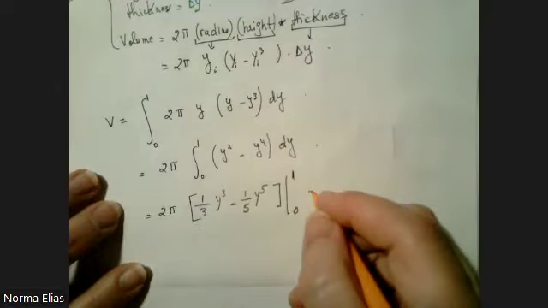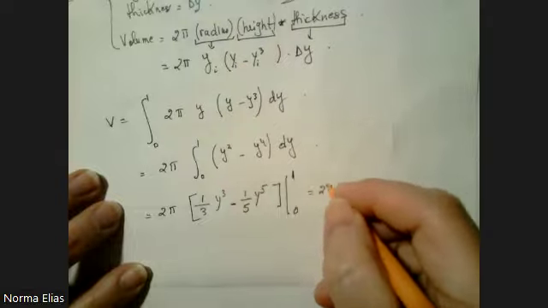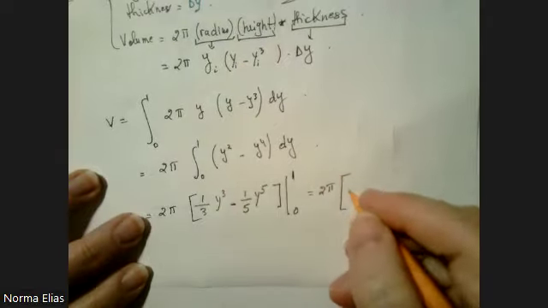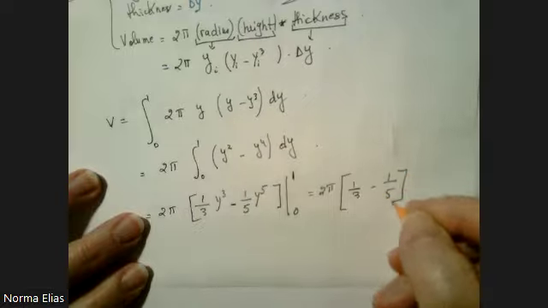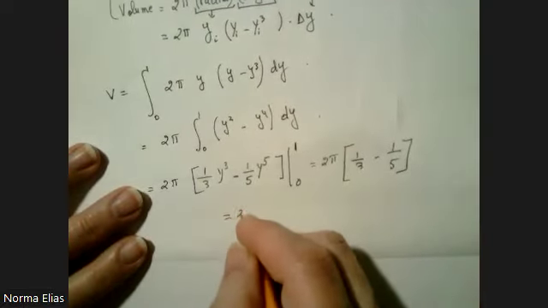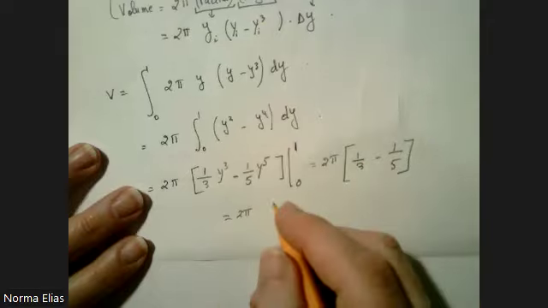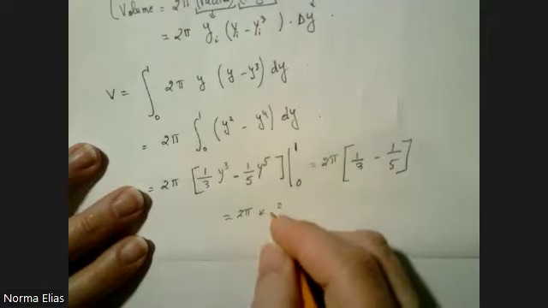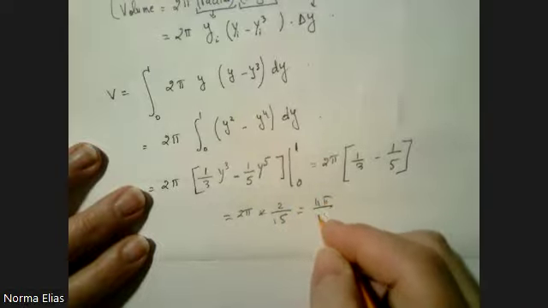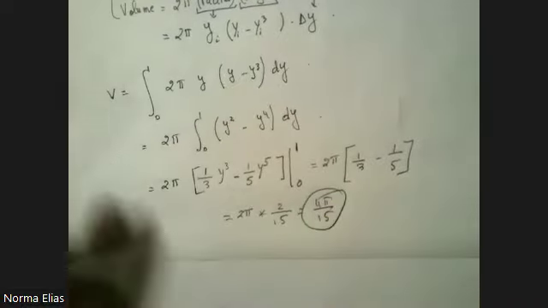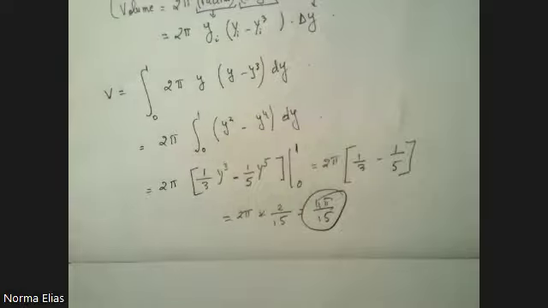So finally, this would give me 2 pi times 1/3 minus 1/5, which is 2 pi times (5 minus 3) over 15, which is 4 pi over 15, which is exactly what we got prior to that. All right? Is this problem clear?